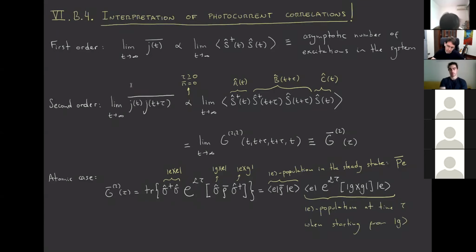So in total, at the end of the day, what I am saying is that this second order correlation function is just a product of the probability of being excited once you reach the steady state, times the probability of being excited at time tau if you start at time 0 in the ground state.